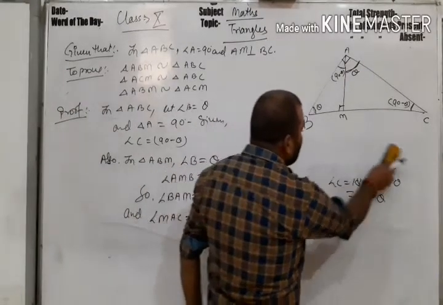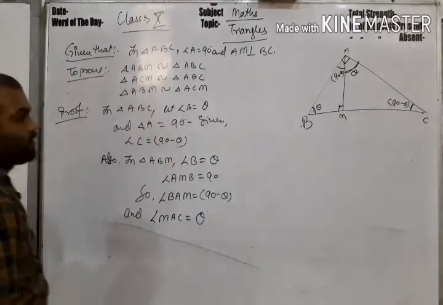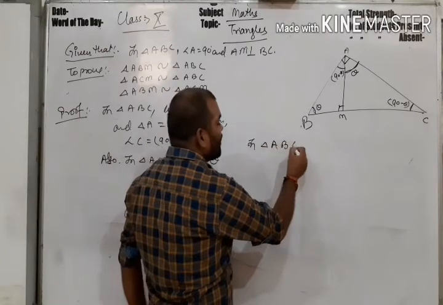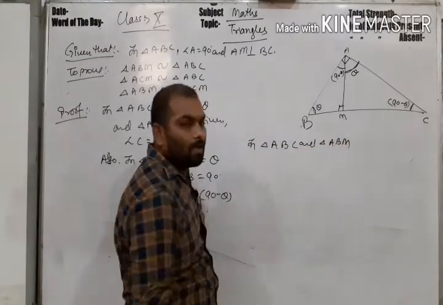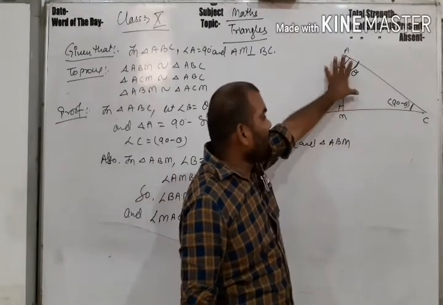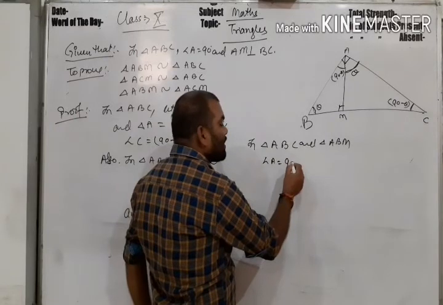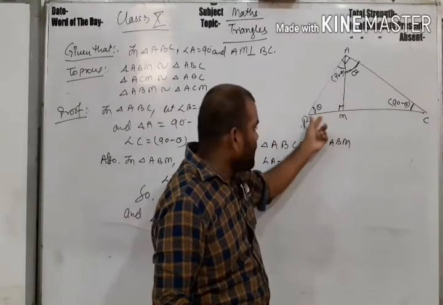Now let us prove. First we will use triangle ABC and triangle ABM. Okay, in triangle ABC, we know that angle A is 90 degree, and in this triangle angle AMB is 90 degree.